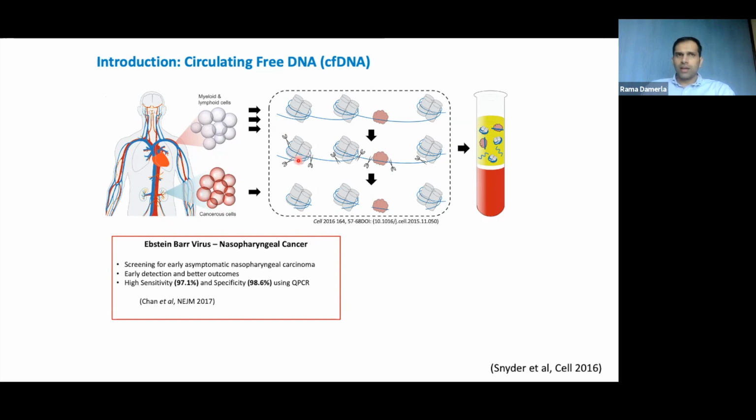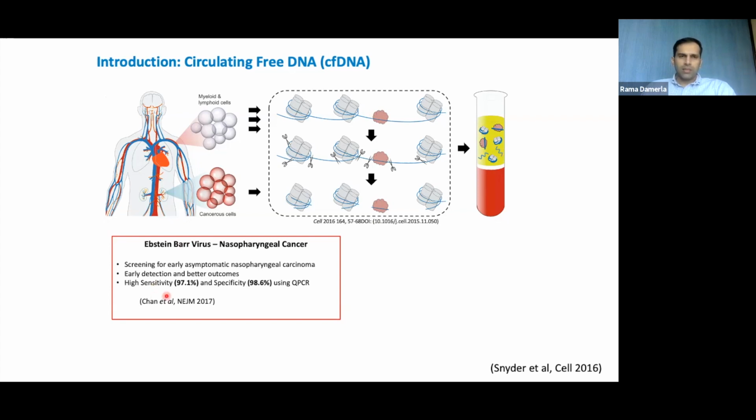But as I told you in the first part of the talk, this DNA is bound by histone molecules. Wherever the DNA is bound by histone molecules, these caspases cannot cut the DNA. So that is what you basically see in the plasma. The plasma cell-free DNA has distinct 160 to 170 or 150 to 200 base pair fragments. So we are planning to take that and analyze for HPV or other targets of our interest.